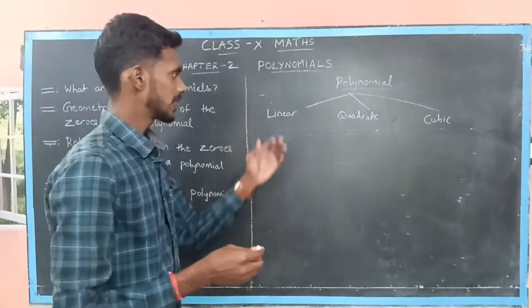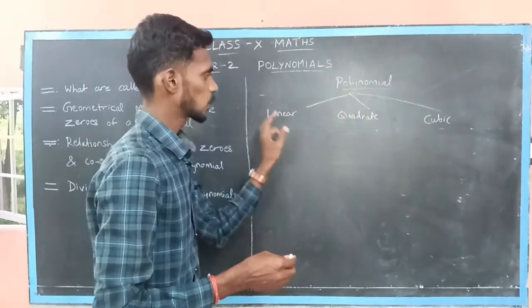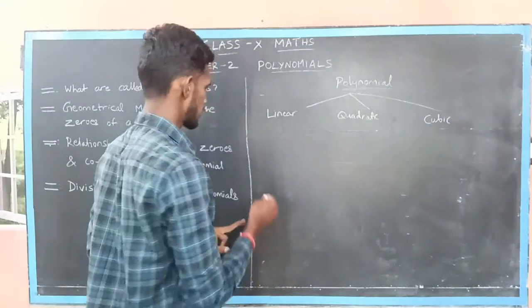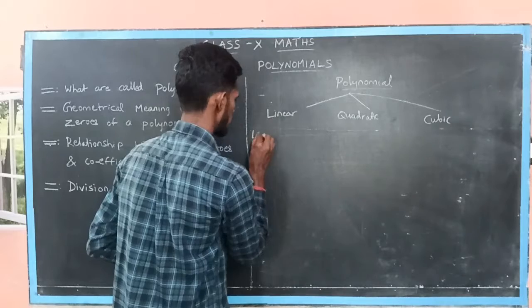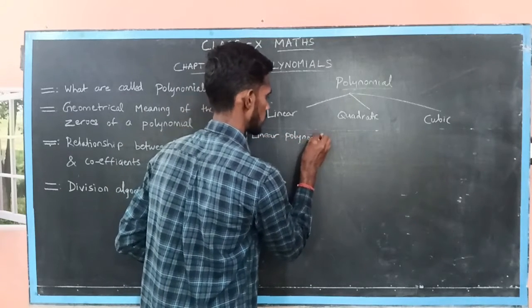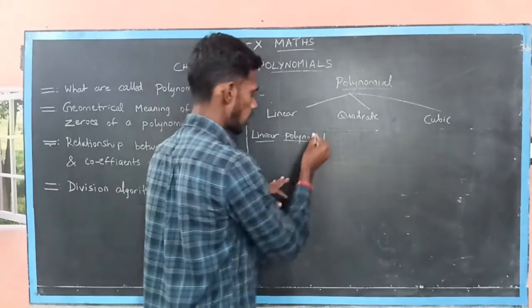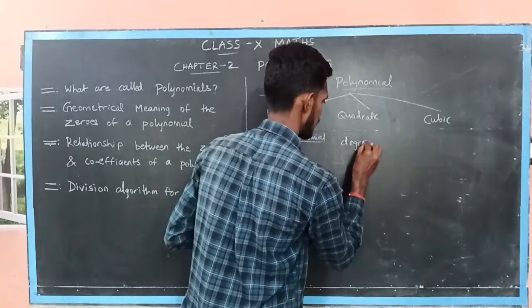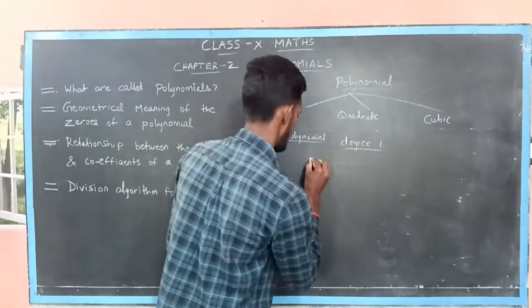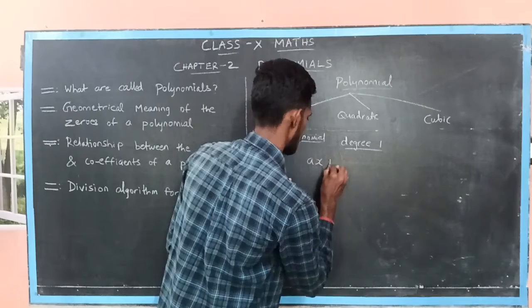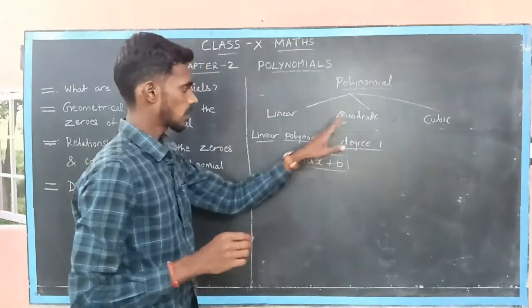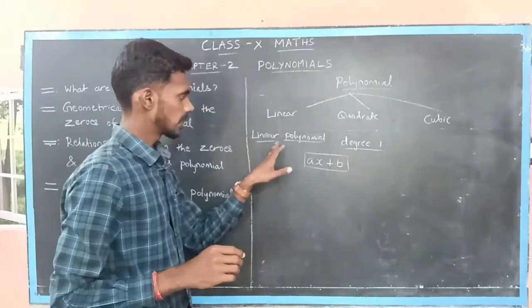Based on the degree of the polynomial, it is categorized into 3 types: linear, quadratic, and cubic. Let us see each one clearly. First, linear polynomial. The polynomial having degree 1 is stated as a linear polynomial.